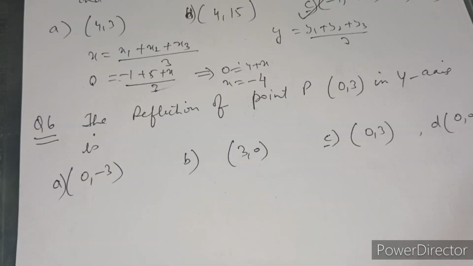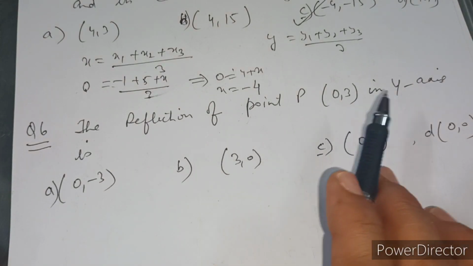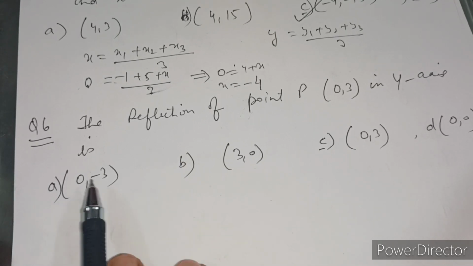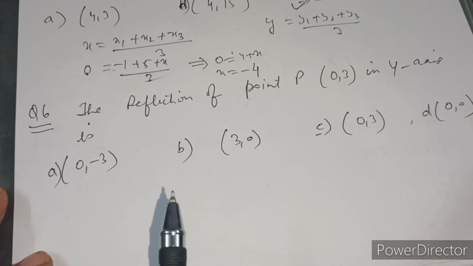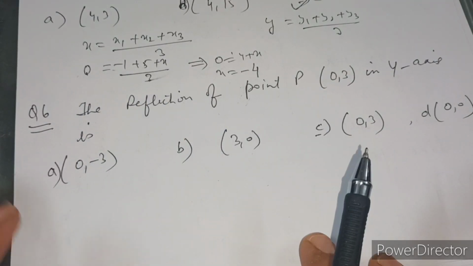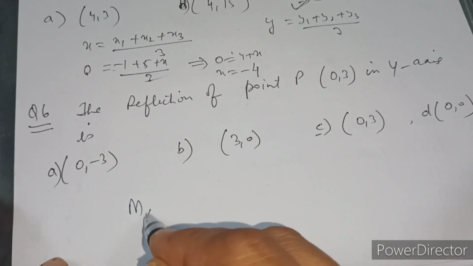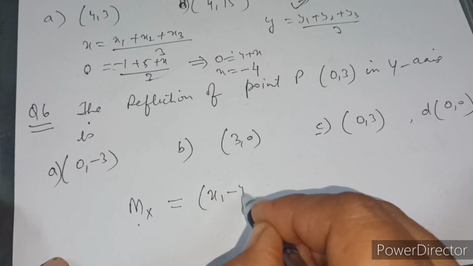Right? The next sum is of chapter 12, that is reflection. The reflection of point P(0, 3) in the y-axis is what? Okay, so here the question is simply of 10 seconds only, but still I will snatch the opportunity to explain all three reflections. When we reflect a point through the x-axis, only the y coordinate changes.